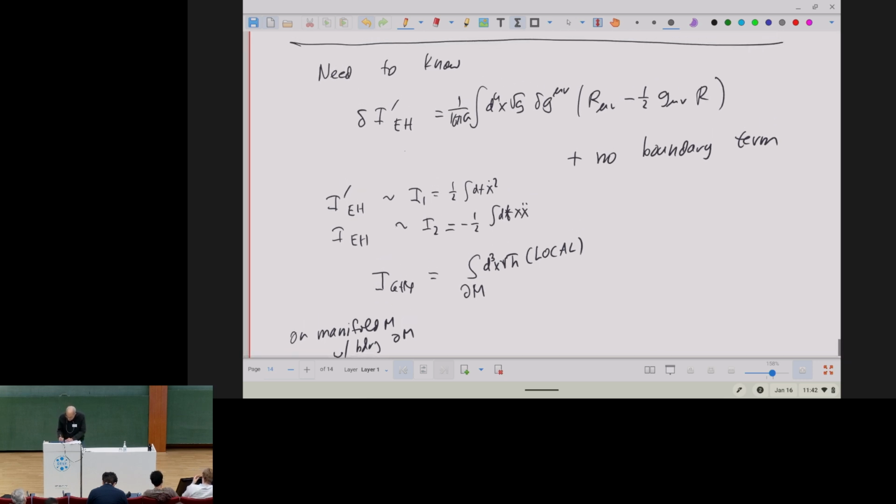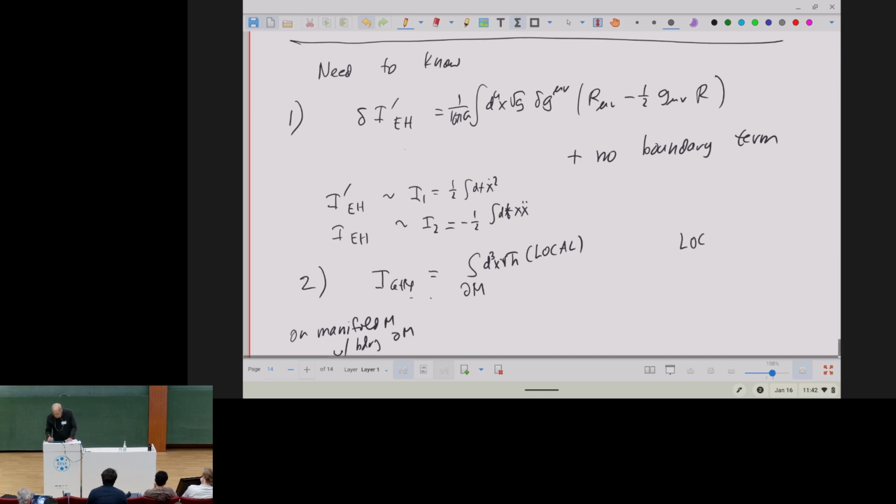So we need to know that the Gibbons-Hawking-York boundary term, first of all, fixed the problem so that the naive variation is true with no boundary term in the variation. And two, although we don't need to know exactly what the Gibbons-Hawking-York boundary term is, we need to know that it's the integral of something that can be defined locally.